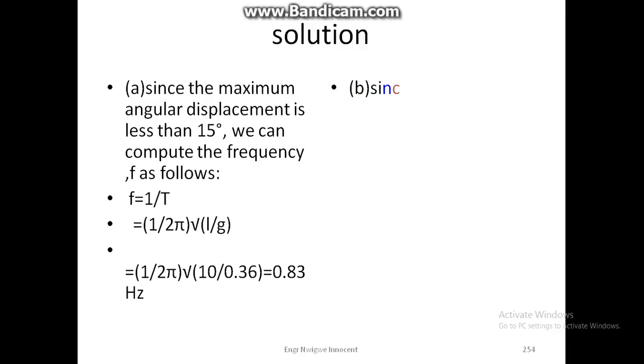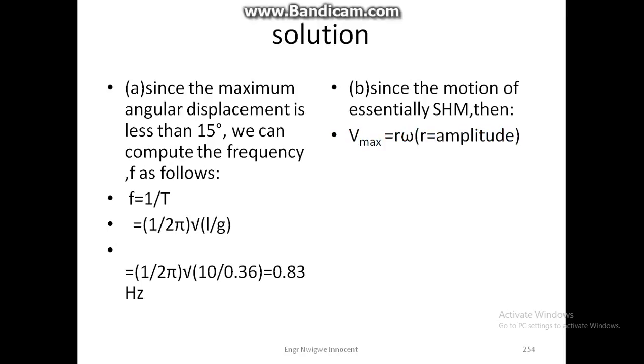B. Since the motion is essentially simple harmonic motion, then Vmax, that is maximum velocity, is equal to amplitude times the angular velocity omega.